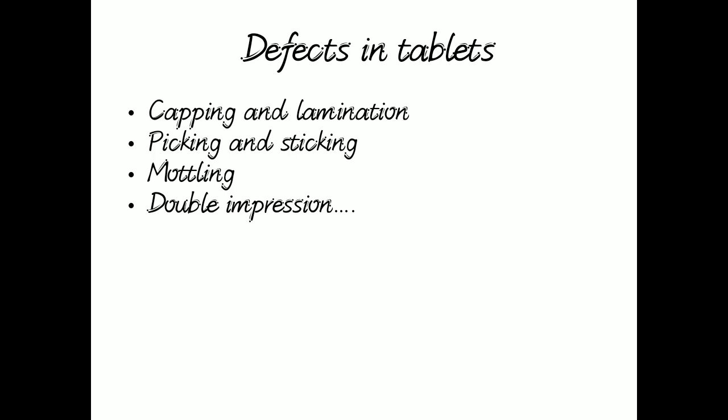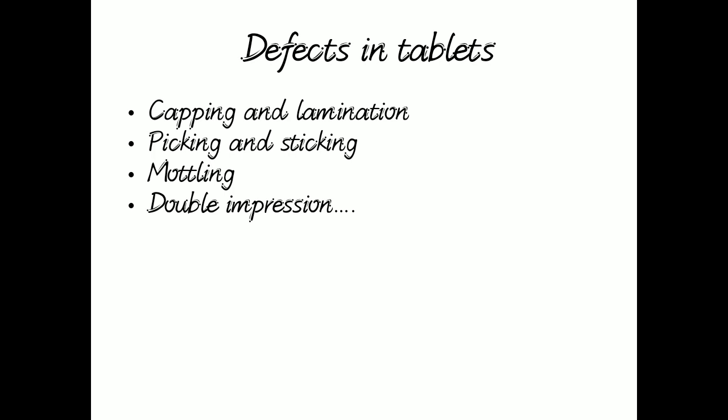Another important defect is double impression. That means in the condition like lower punch is somehow in the free condition and is uncontrolled for a small distance and drops down before it rides up for the ejection, then the ejection arm will push the tablet out of the die. During this so-called short distance where it is free to drop or free to travel, it rotates.